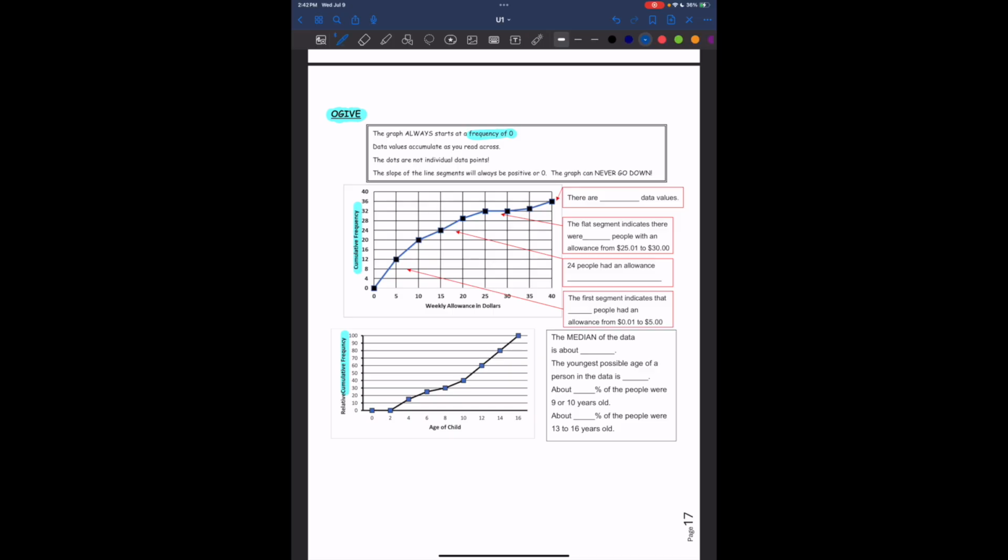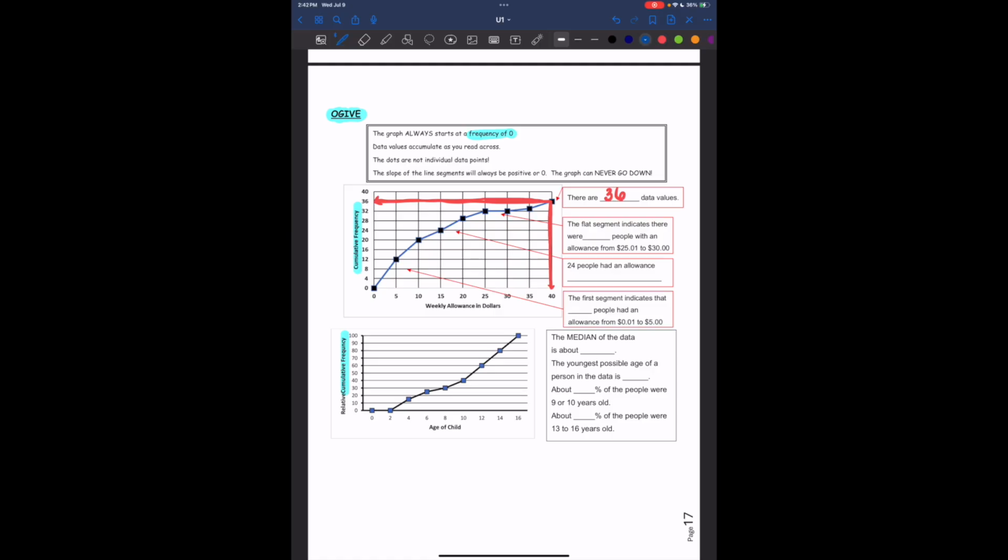So for this one, skimming across here, there are 36 data values in our set in total. And all of them have an allowance that is 40 or below. So 40 and below leads to 36 total data values in our set.